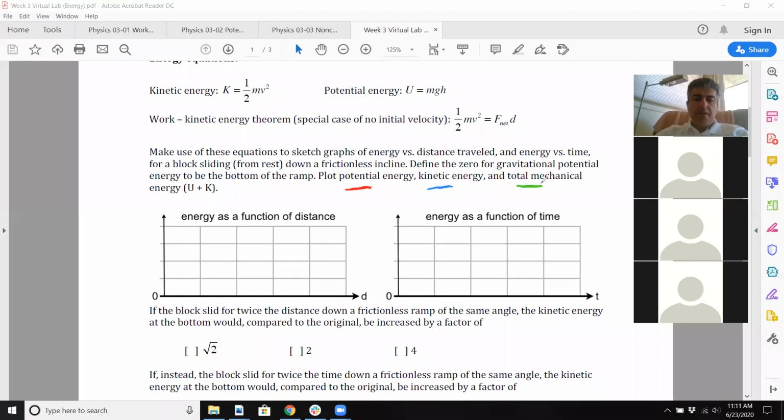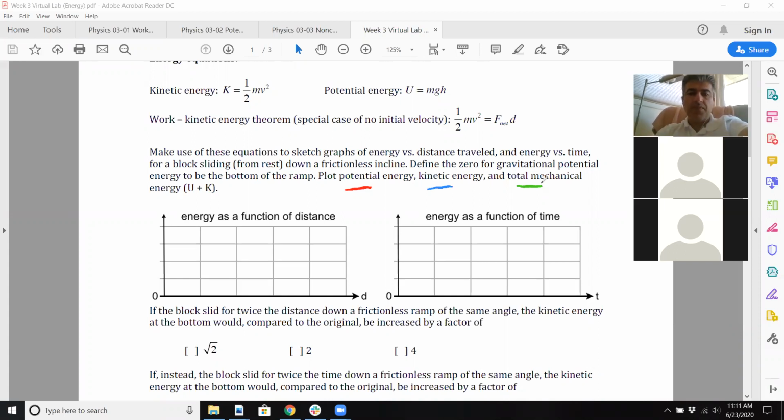Okay. So let's first focus on potential energy. We'll do this in red. So the energy as a function of distance.